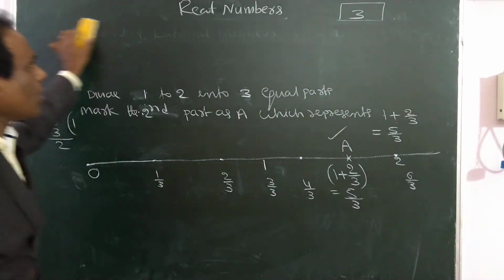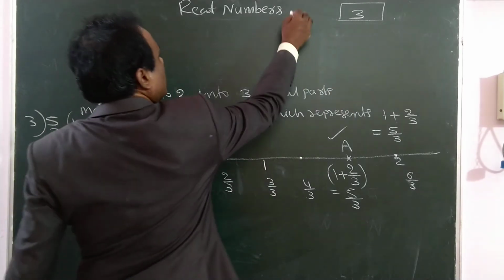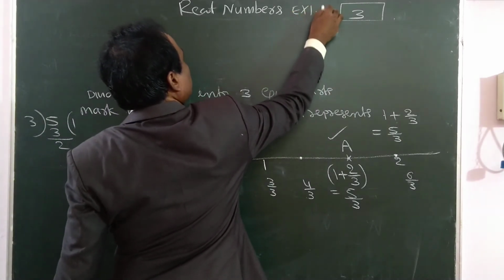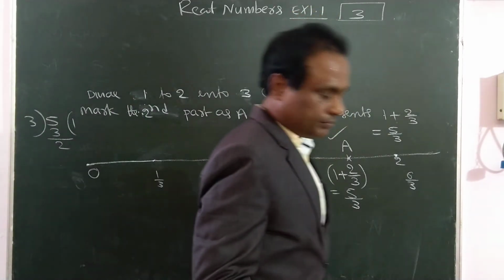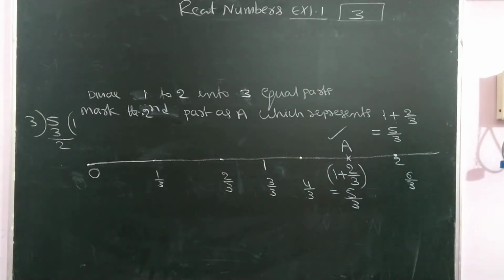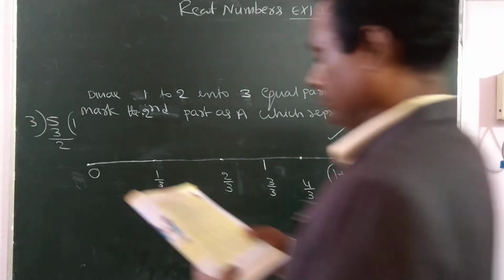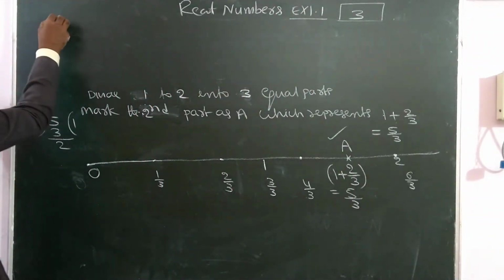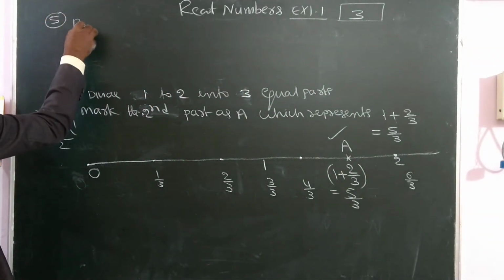Now we have only one problem left in our exercise 1.1. Let us complete it so that this model will be over. You already studied this in the 8th class, so it is just a revision. In our exercise, this is the 5th problem.